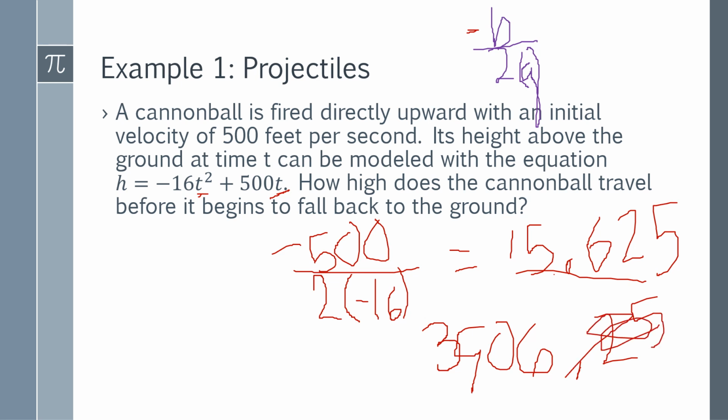Now I did not round because that 0.25 does not mean anything to me. I want the whole integer. Now if that decimal was 0.5 or above, I would have rounded up. So you should say that the cannonball travels 3,906 feet before it falls back to the ground.